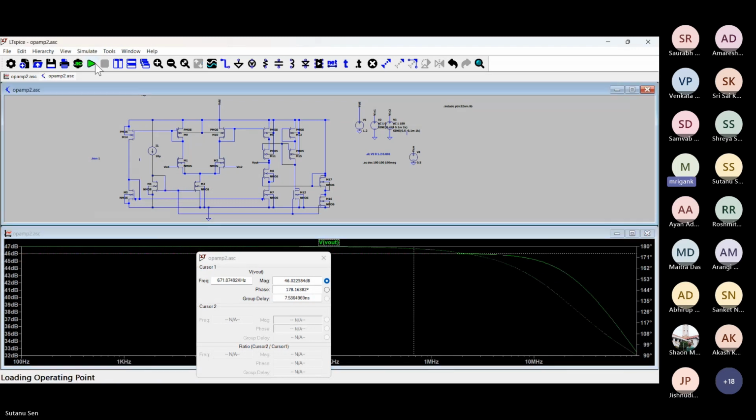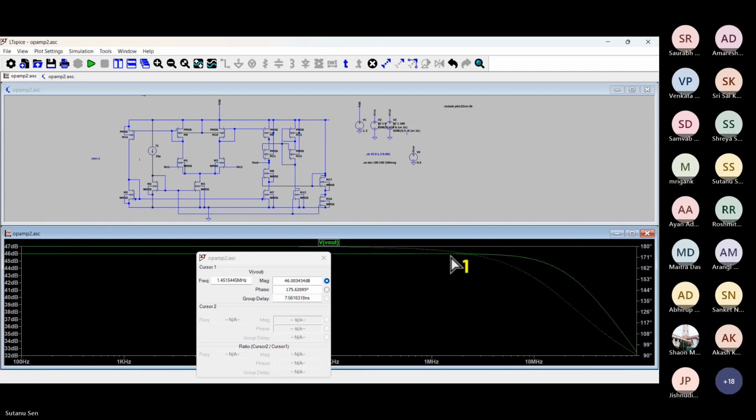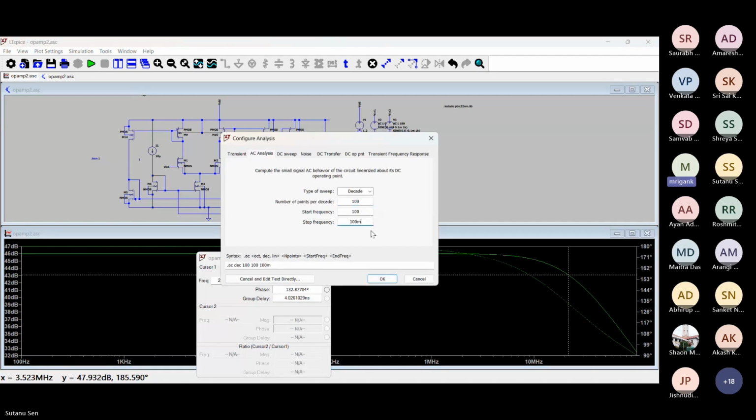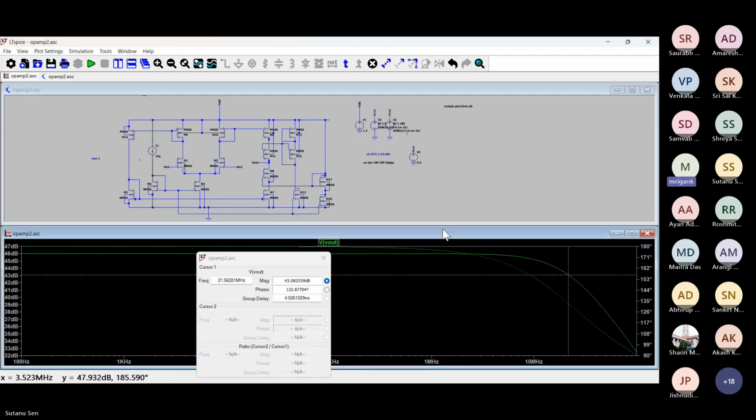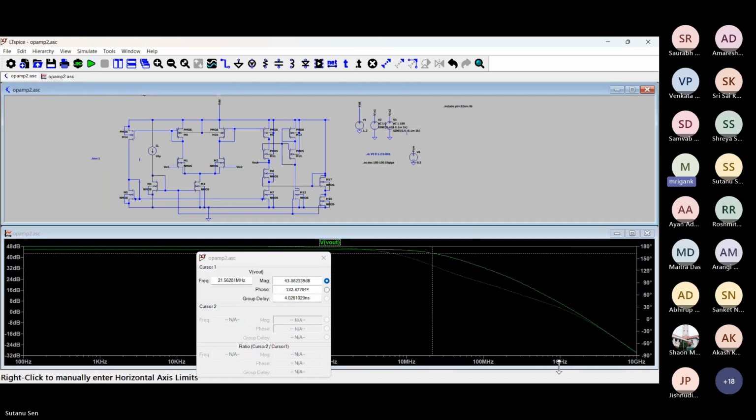So 3 dB point is, so it is much higher than 10 mega. So you have enough. What is the phase margin? Phase margin is, so go to 0 dB point. Phase margin anyway you can improve, but right now you have enough bandwidth. So bandwidth you can reduce and you can increase the gain. So there's a lot of room for increasing the gain.